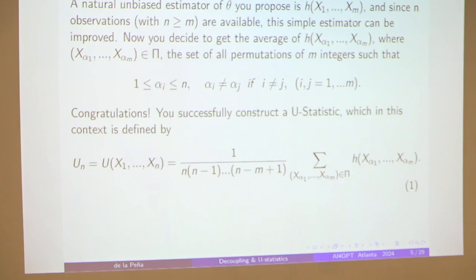So you see, if I want the expected value of U, by linearity of expectation, that's equal to the sum of the expected values of the h's. So the natural unbiased estimator is going to be this one. You are using all the information that you have, all the x's, and you're averaging over all of them.